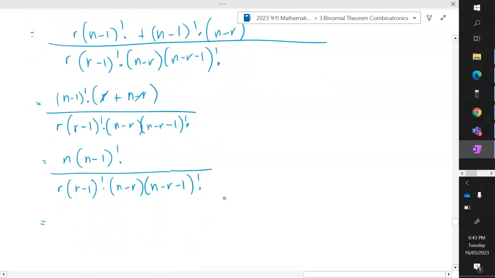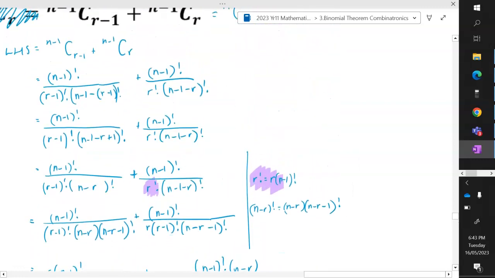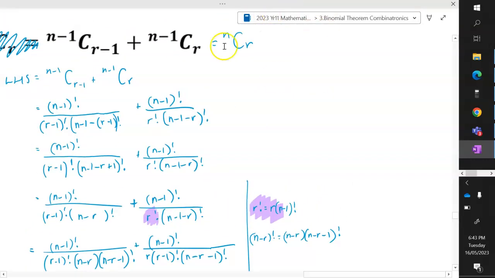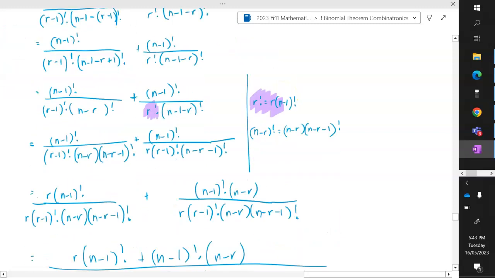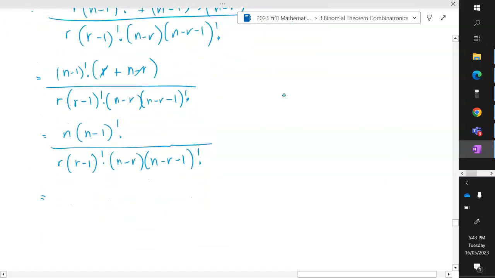Now remember, our original aim is to get all of this to be equal to nCr. And what was nCr? n factorial over r factorial times n minus r factorial. So at this point you might be thinking, oh, it doesn't, but how are we going to get there? Let's have a look. So we want it to be equal to n factorial on r factorial n minus r factorial, because that's our nCr. So at this point, some of you will think, no, I can't do it. But you can, because look at the top line. n times n minus 1 factorial.